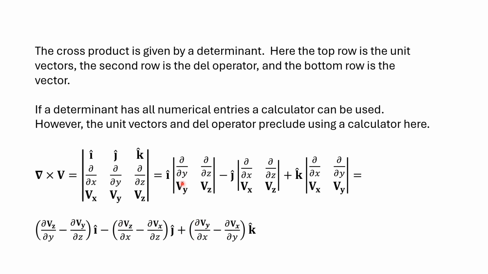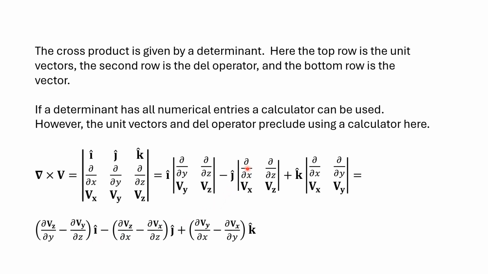Now, to evaluate a 2 by 2, you go down the diagonal and then you go in the reverse diagonal and subtract what you get. So we're going to do partial with respect to y of Vz, minus partial with respect to z of Vy, all multiplied by the i unit vector, minus.